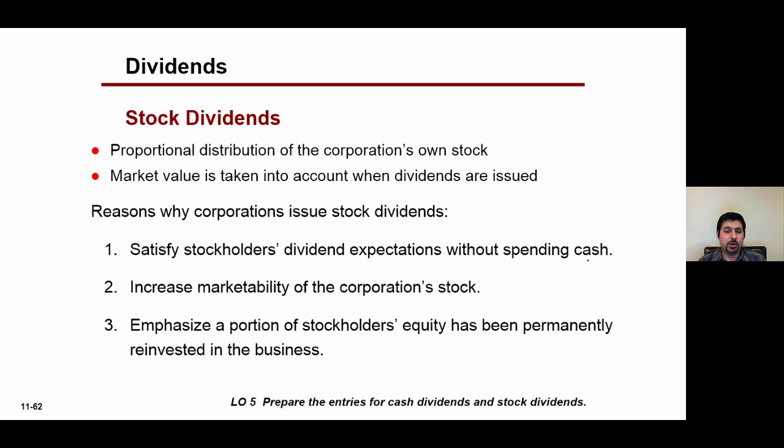For example, if they want to please their investors and they don't have enough cash to pay cash dividends, they might distribute stock dividends. They might want to increase the marketability of the company's stock by increasing the number of shares that are in the stock market.